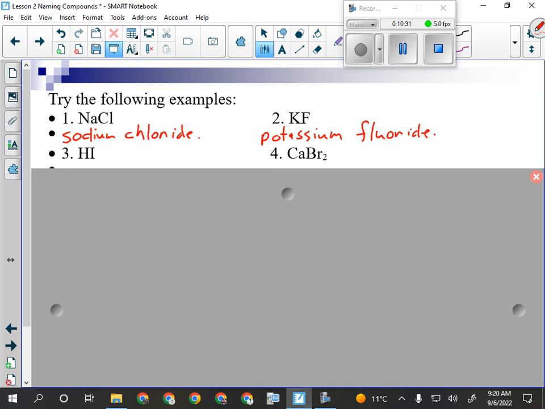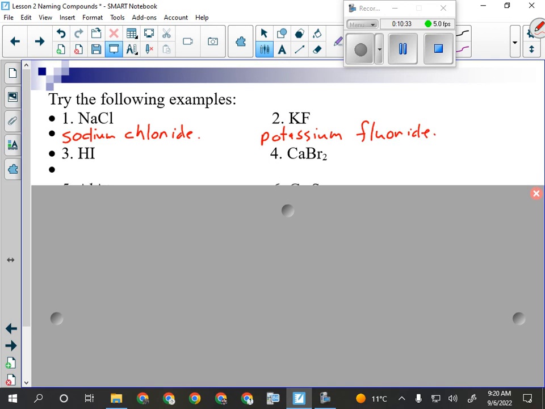And then for number 3, we start out with hydrogen, and it's with iodine, so this will be hydrogen iodide. Now, weird thing about hydrogen. Hydrogen can actually act as both a metal and a non-metal. So if it's listed first, it's behaving as the metal.